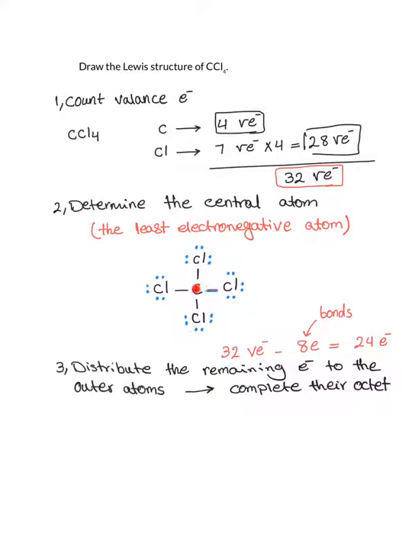Let's look at the central atom and check if it is octet or not. 2, 4, 6, 8 electrons around the central carbon atom. It's octet.